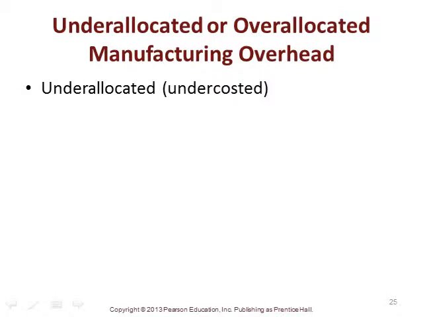If we just do that quickly, $220,000 in overhead divided by 8,000 units gives me $27.50 of manufacturing overhead per direct labor hour. So instead of having allocated $20, I should have allocated $27.50.